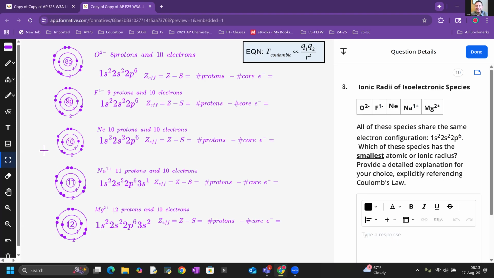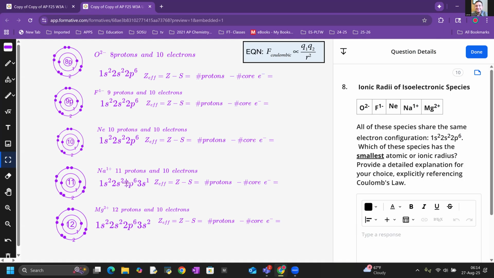But the electron configuration I'm showing is sodium, the atom, and it is 2 plus 2, which is 4, plus 6, which is 10, plus 1, which is 11. So a neutral atom of sodium would have 11 protons and 11 electrons, and this would be its electron configuration.